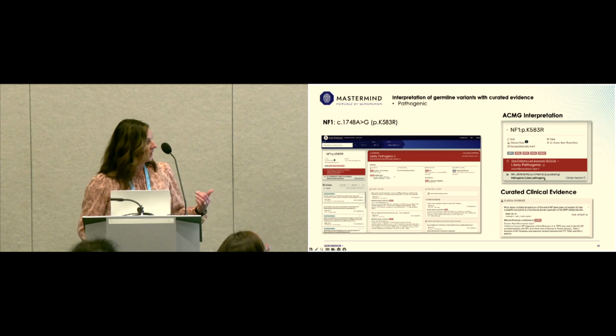And then below that, again, looking at the ClinVar record, it's also considered pathogenic or likely pathogenic. In addition to that, below you see some curated clinical evidence. So again, looking at different types of information that's been curated within Mastermind. So in this section right here is the clinical evidence, and this is just zooming in on that. And then if you needed additional information, you could certainly go to the reference to find that.